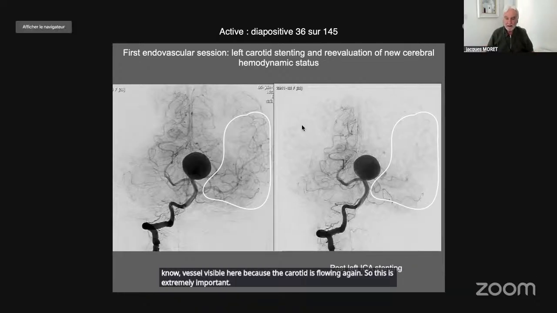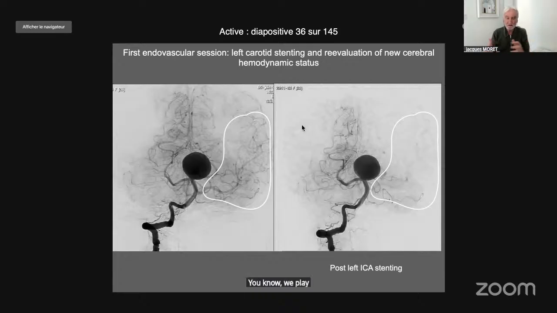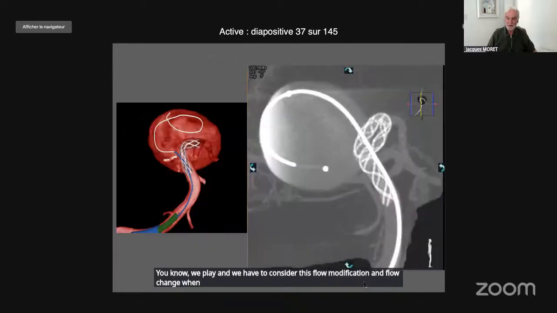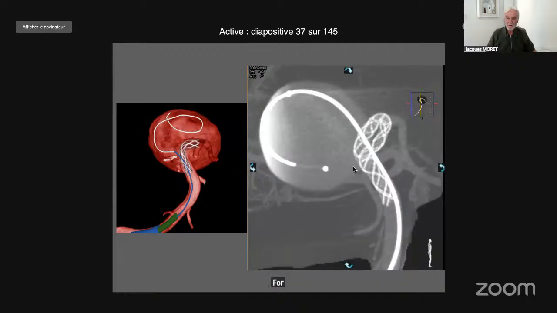We have to consider this flow modification and flow change when we manipulate the circle of Willis. So for that reason, we decided to deliver a flow diverter from the basilar tip to the left P1 segment and to jail the catheter to deliver the coils inside.